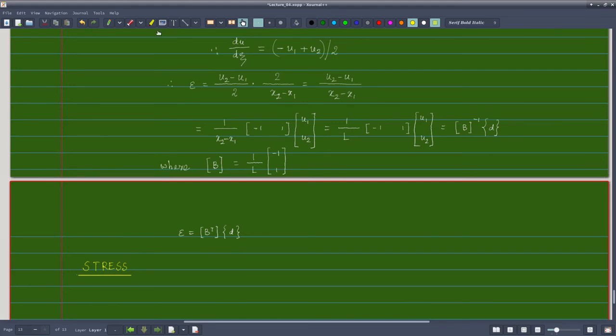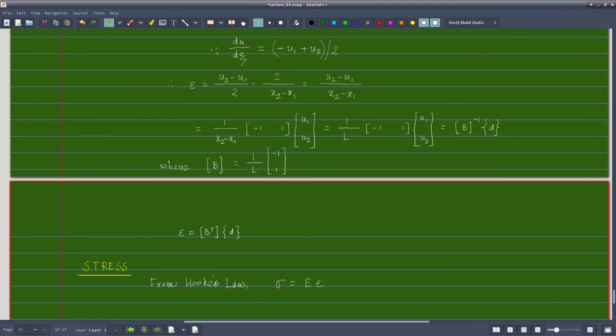All right, so now stress from Hooke's law, if I assume a linear elastic material, then for a one-dimensional body, I know that my sigma is E times the strain.